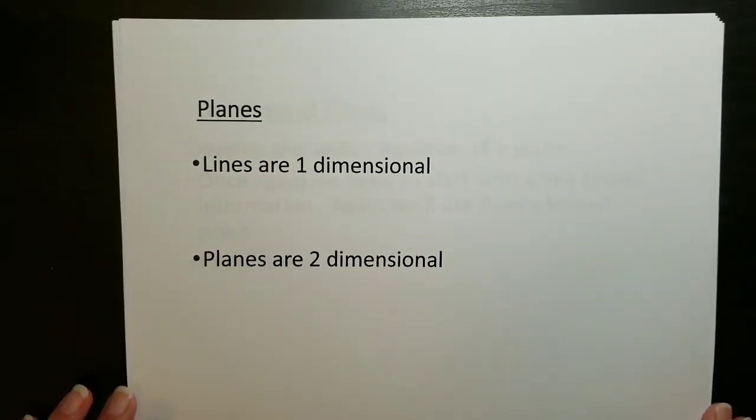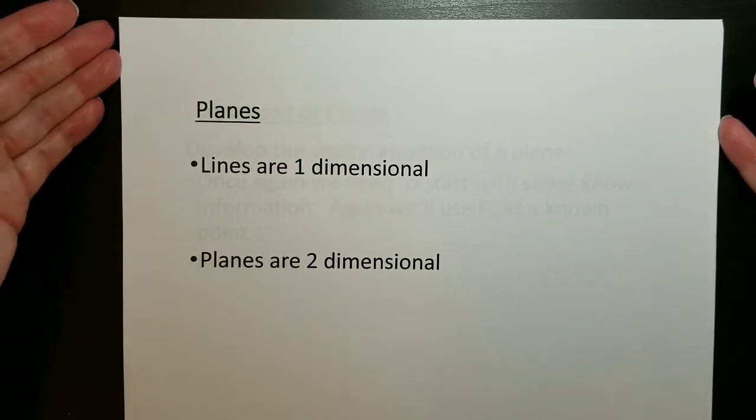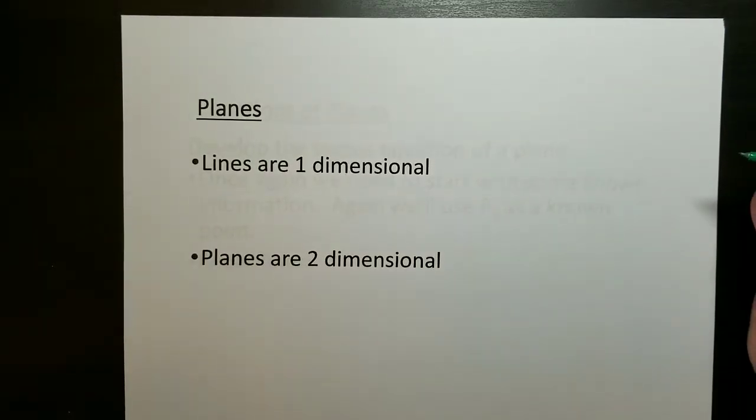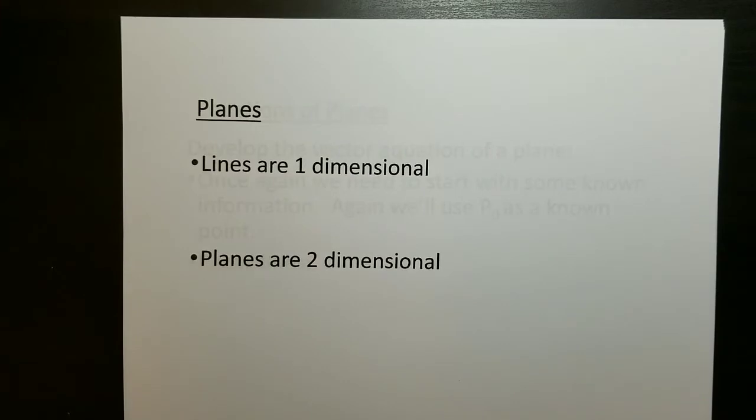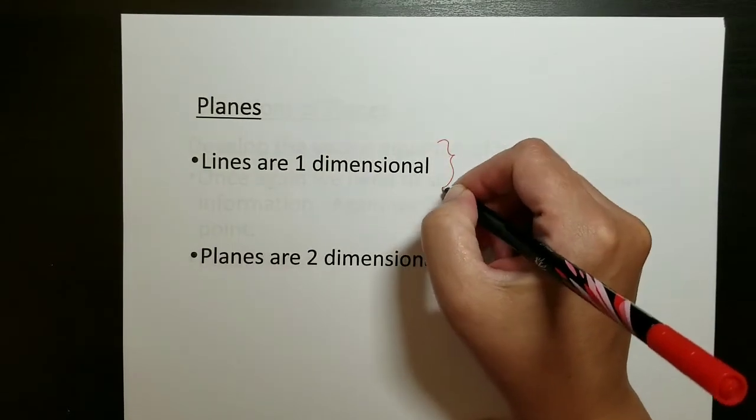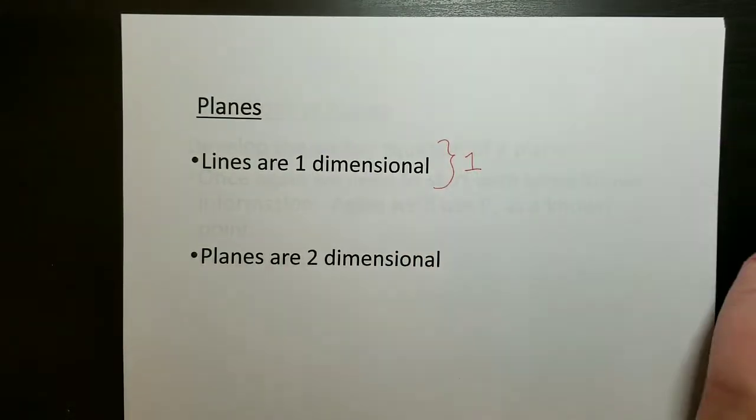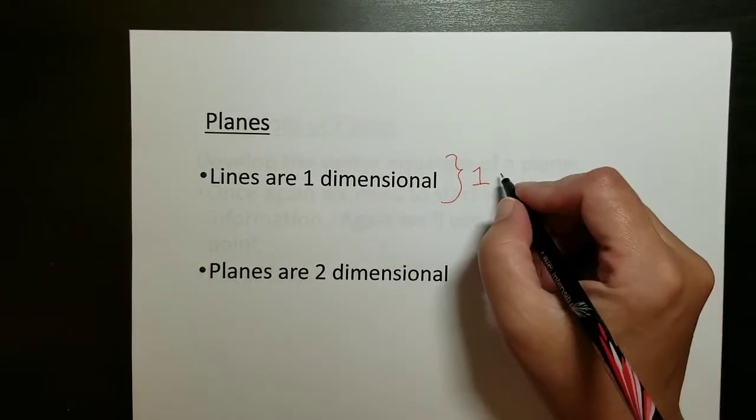Just a reminder here, lines are one-dimensional and planes are two-dimensional. So lines have one direction. Dimensions kind of means the directions that they can go.